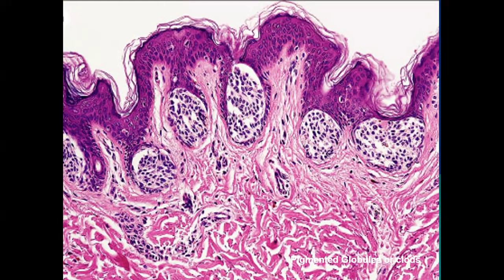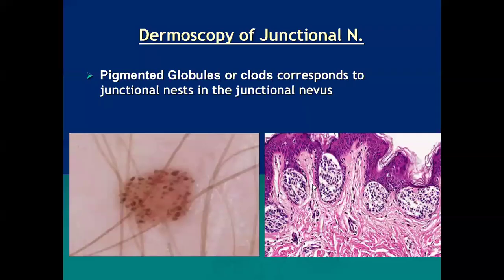So the nests you can see are really well organized in the form of globules. So this globular pattern is also seen in the dermoscopy. In these junctional nevi, you will find pigmented globules or clods, which correspond to these junctional nests of benign-looking melanocytes.